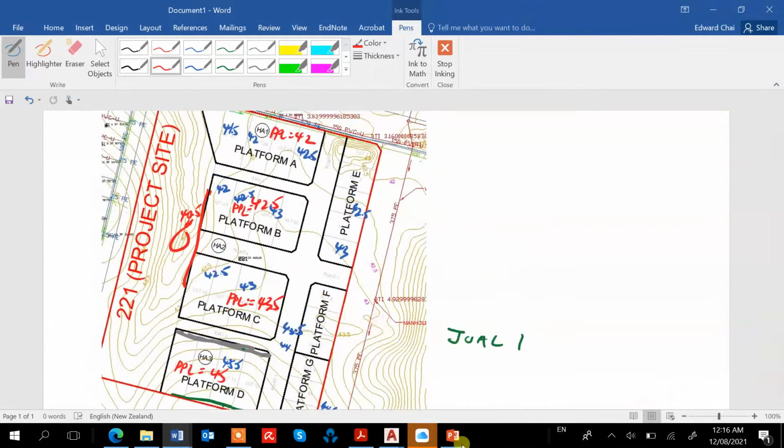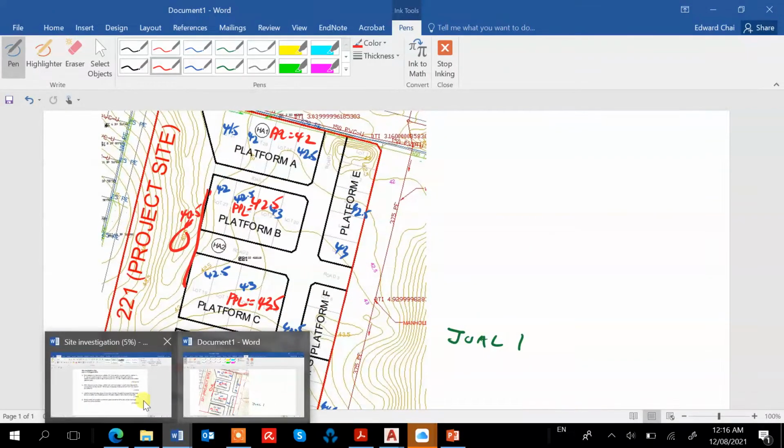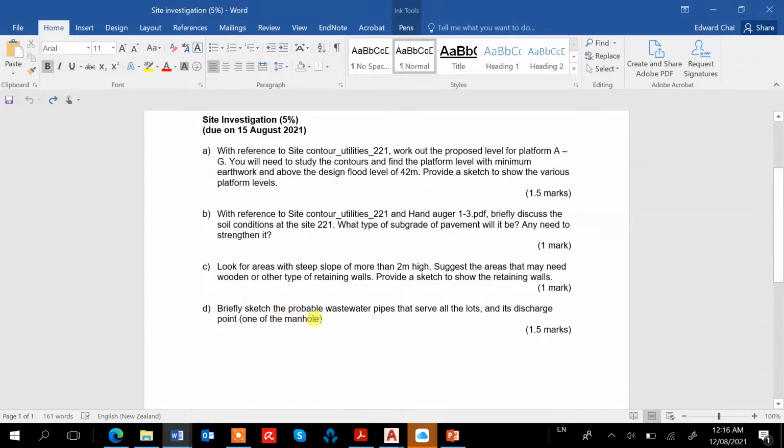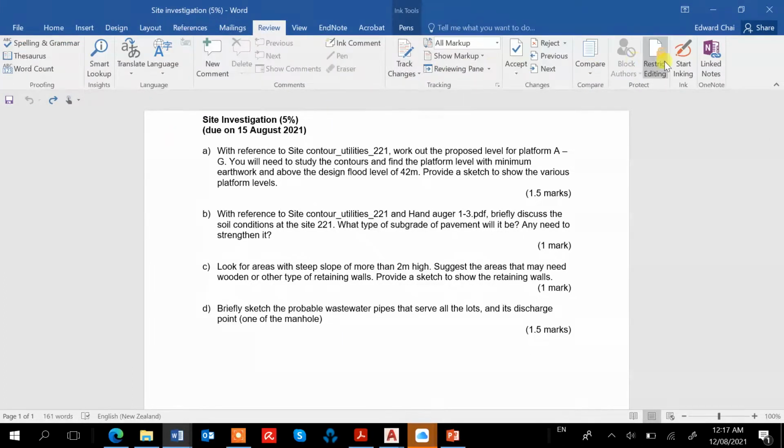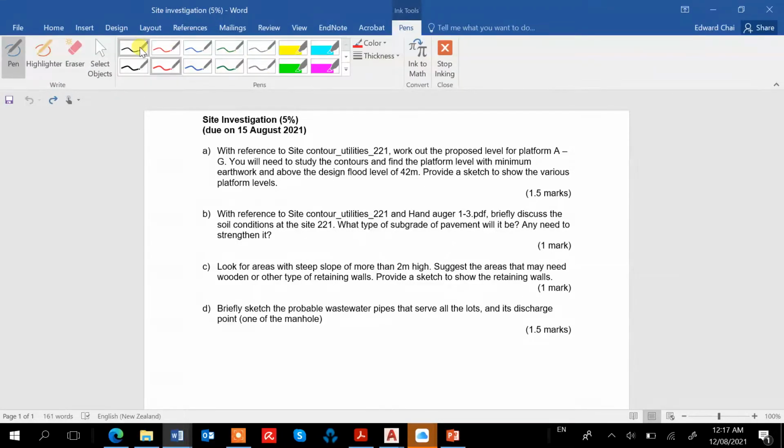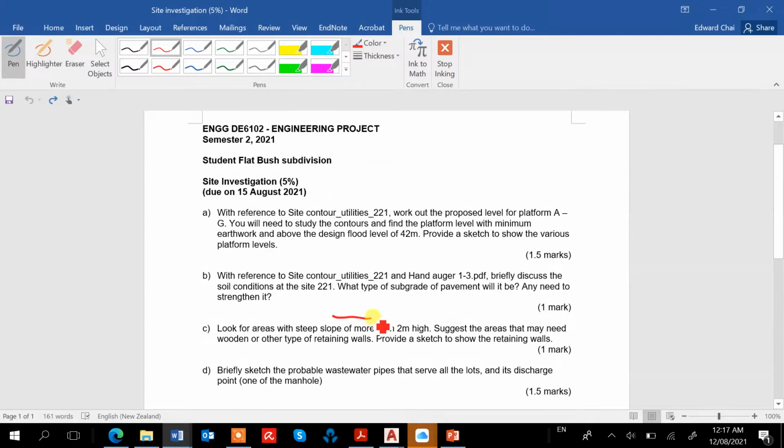So the last one we need to look at is the wastewater pipe, or the sewer line. Okay, so synonymous. So it could be the sewer pipe.